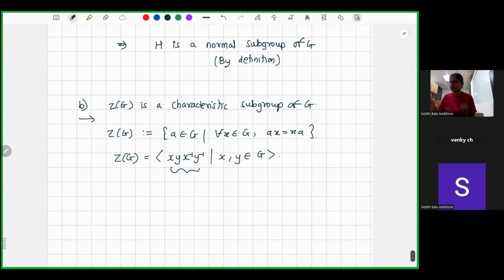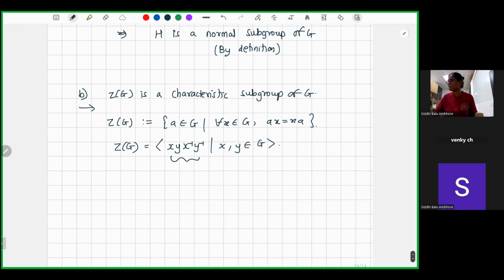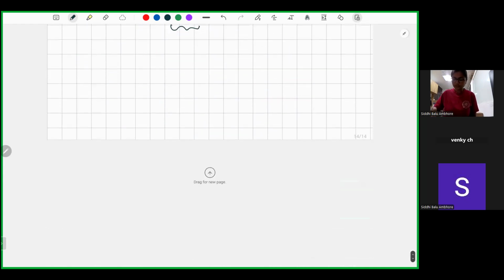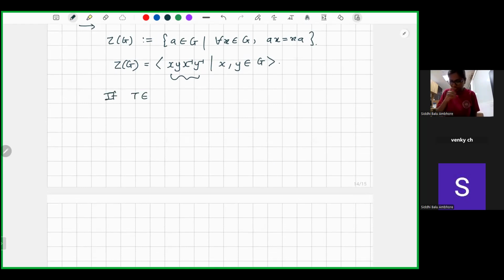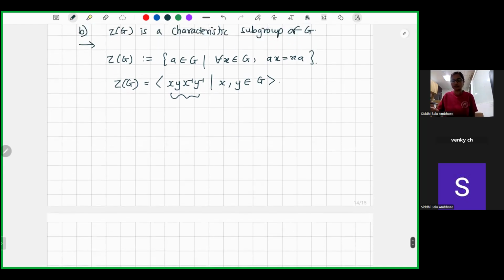So if I have T, then if I prove that for every element of this kind, my image will also be generated by elements of this kind, then it will prove that my ZG is actually sitting inside its image.